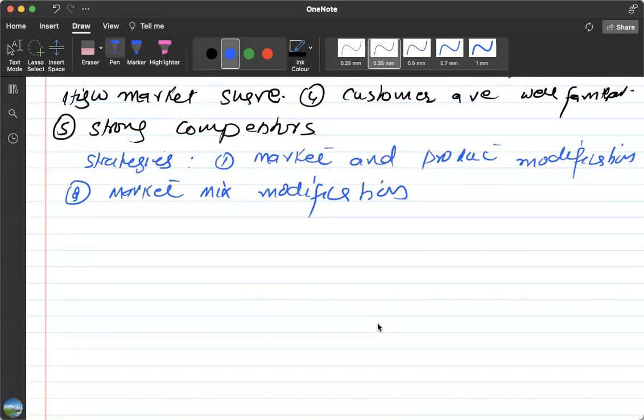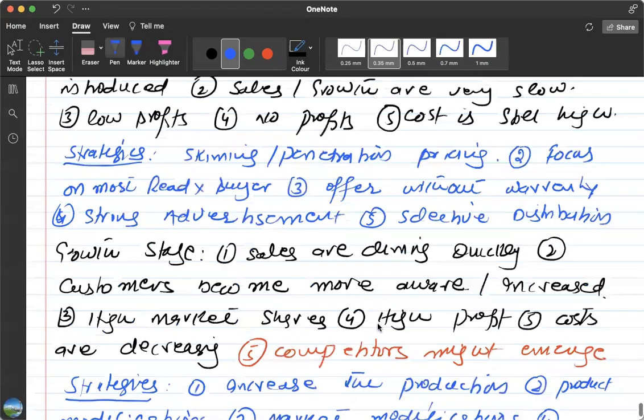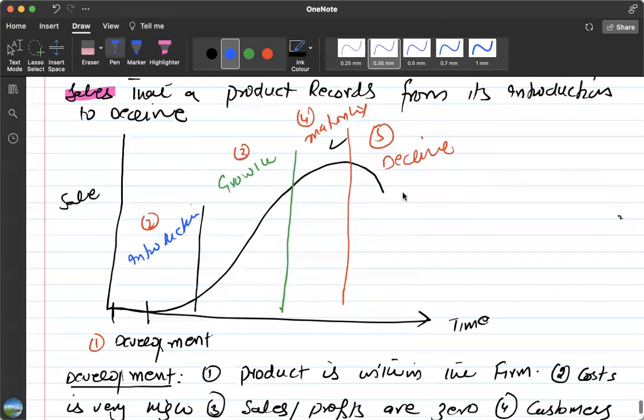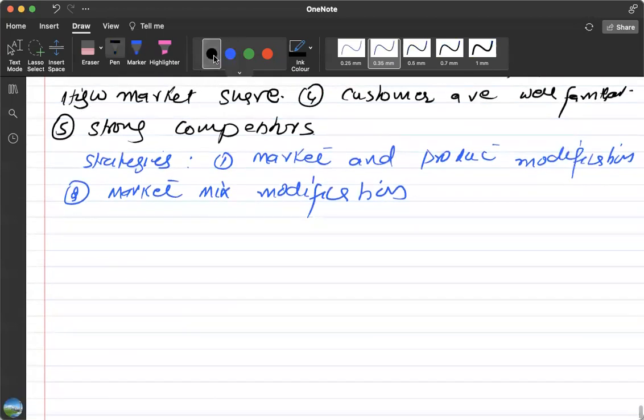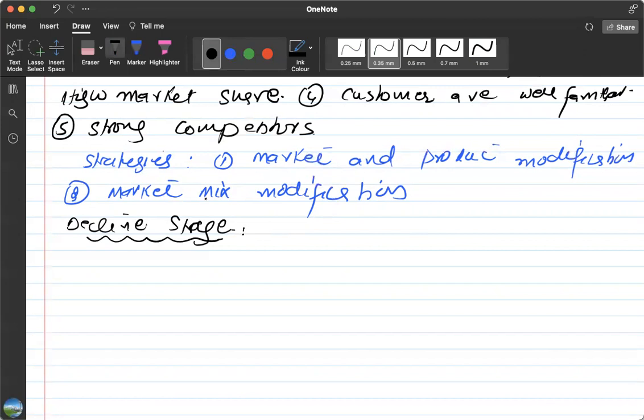The next stage is the decline stage. If you look at this decline stage, the sales of products are decreasing. In the decline stage, the sales of the product fall and profits are down.